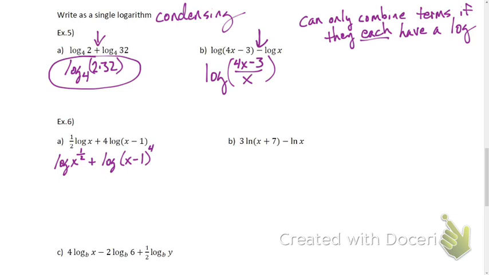And then I see the plus, also the half I can rewrite. Let's go ahead and deal with the half. Square root of x. And then that plus makes us combine and do multiplying. So final answer, log of square root of x times x minus 1 to the 4th.